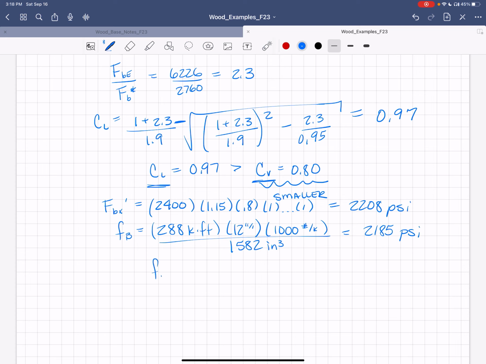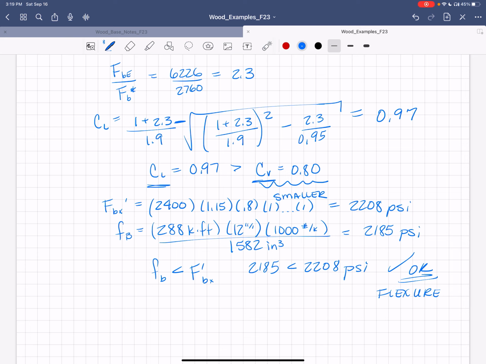I know that I need little f_b, the demand, to be less than what is allowed. And I get 2185 is less than 2208. So cutting it somewhat close here, but it's okay for flexure.